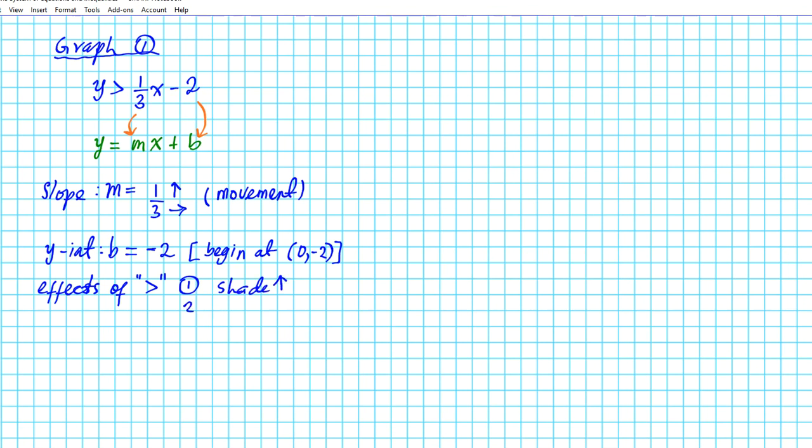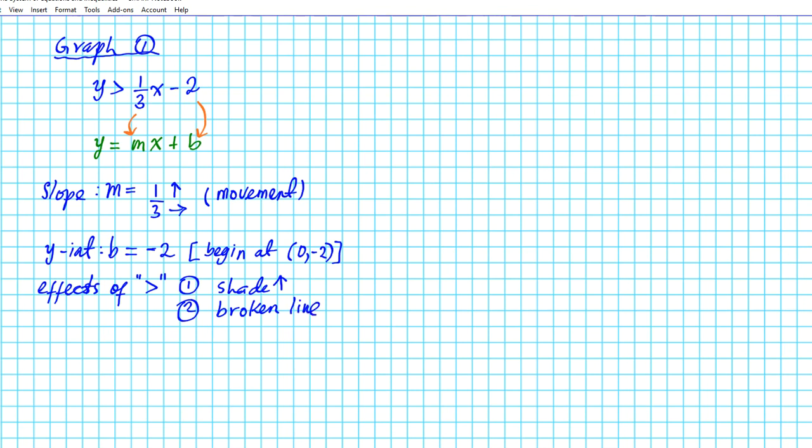The second effect is that since it's just greater than, we're going to exclude the boundary line. How do we reflect the exclusion graphically? We illustrate that by breaking the line. So we're going to shade up, and the line is going to be a broken line.